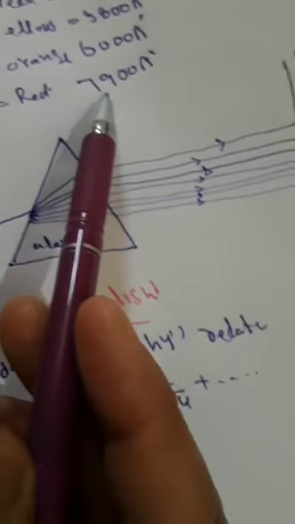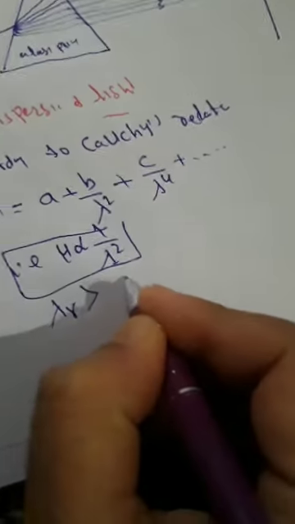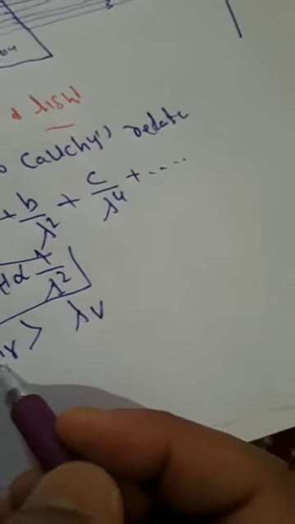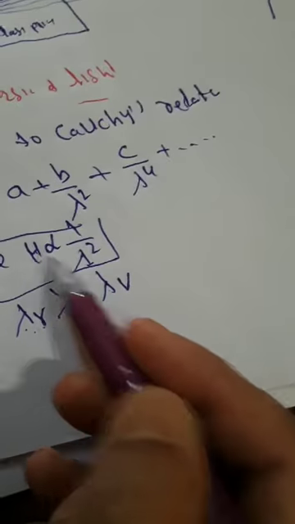The red color has maximum wavelength while violet has minimum wavelength. The wavelength of red, 7900, is greater than the wavelength of violet, because violet has the least wavelength. So they have an inverse relation.